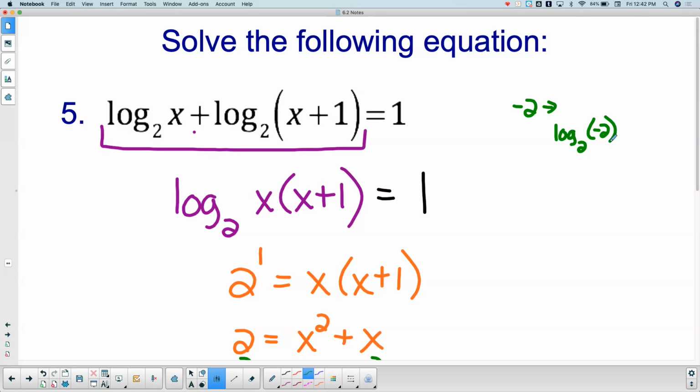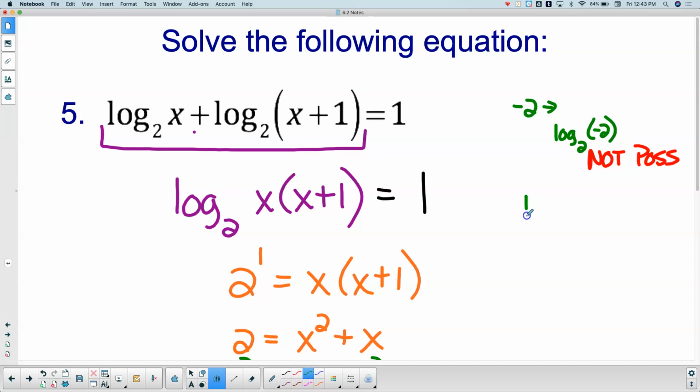So what's my base in this case? 2. That's positive. What's my number in this case? Is that positive? Not possible. So negative 2 gets kicked out.